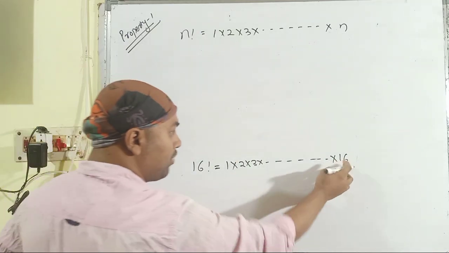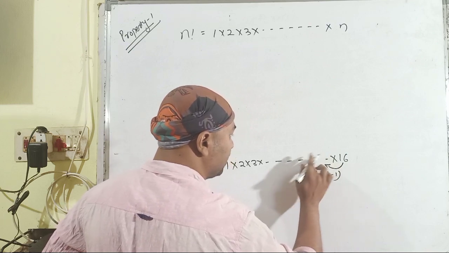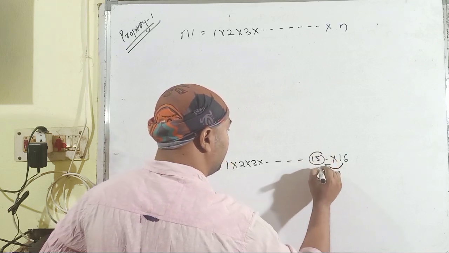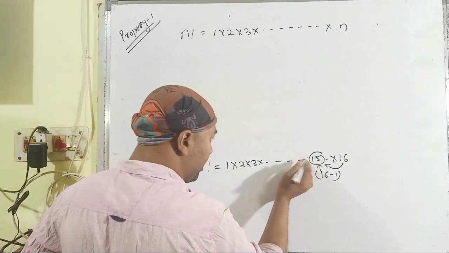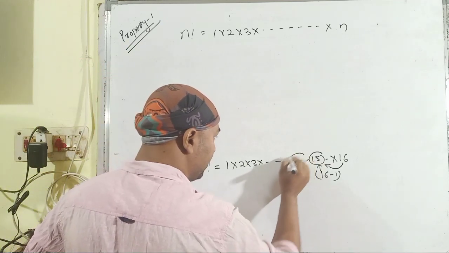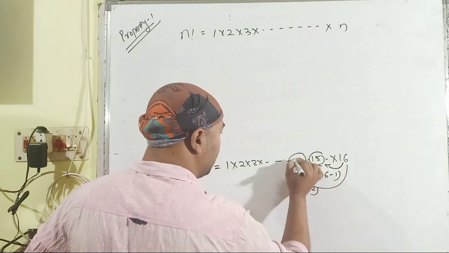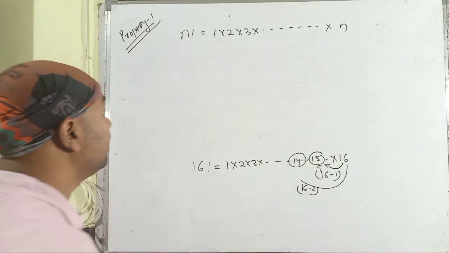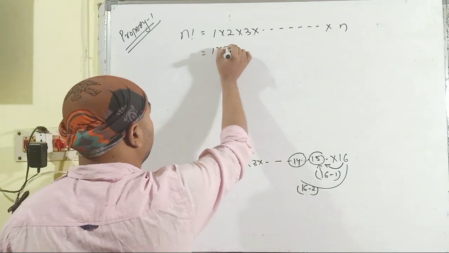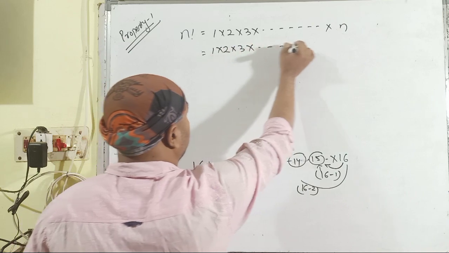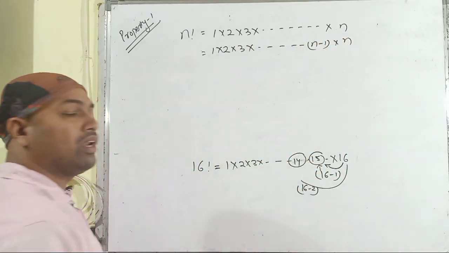The previous term of 16 is 16 minus 1, that means 15. Then its previous term again, here it will be 16 minus 2, that means 14. So applying this fundamental, the previous term of n is equal to n minus 1.